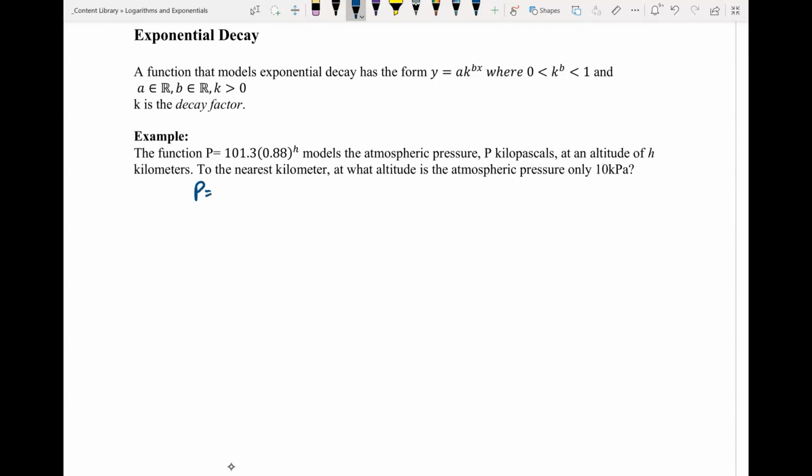So here is our formula. We've been given P. It says the atmospheric pressure is 10 kilopascals. So that's your P. I'm going to replace P with 10 then. And then we're looking for h, which is our altitude.